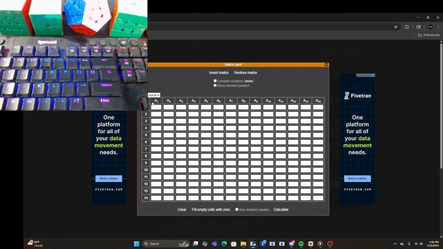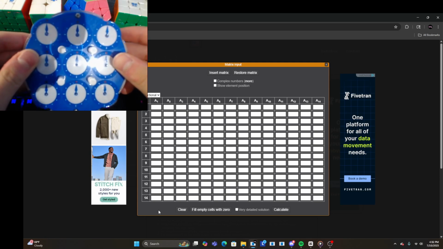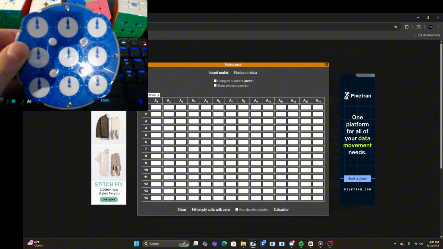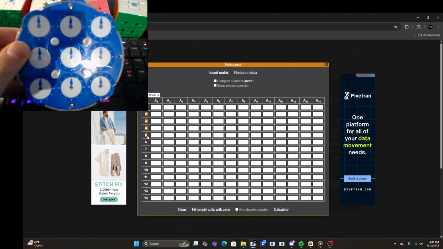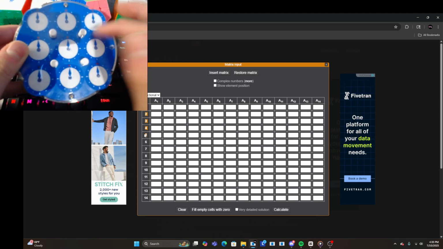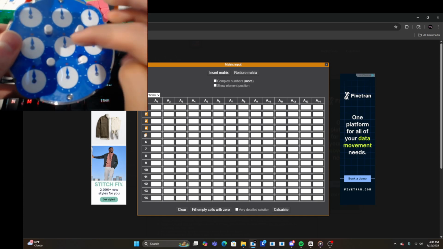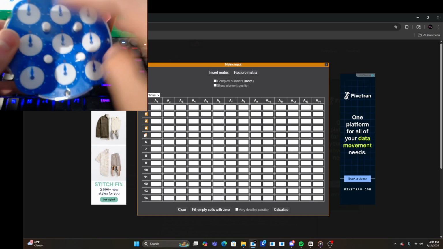The way it works is each of these columns is going to represent a move in the pin set, and each row is going to represent a clock. At least the way I do it, the first 5 rows are C, U, R, D, and L on the front, starting in the middle and then going clockwise.